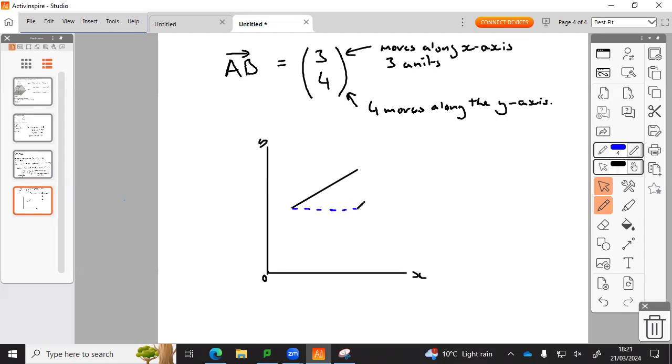It's going along the X axis by 3. It's not really to scale there. It's going up the Y axis by 4. Now, that's also telling me the direction of each of those because they're positive. Okay, but we'll come back to that.